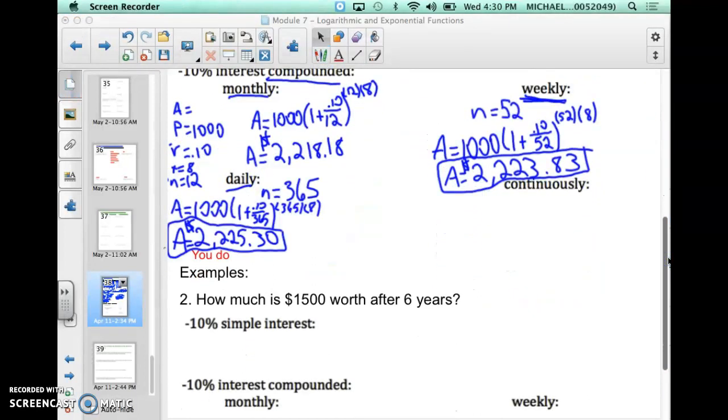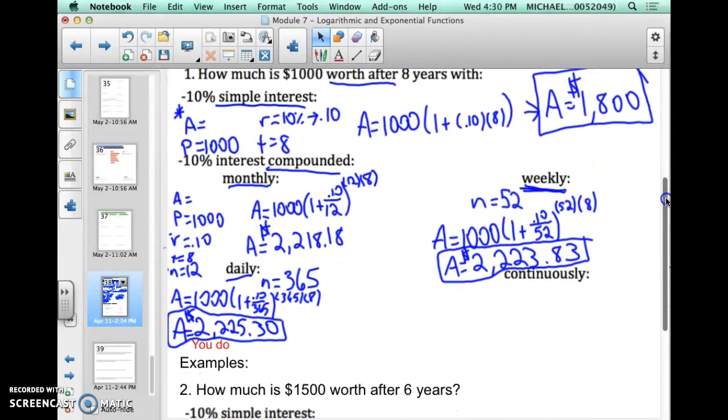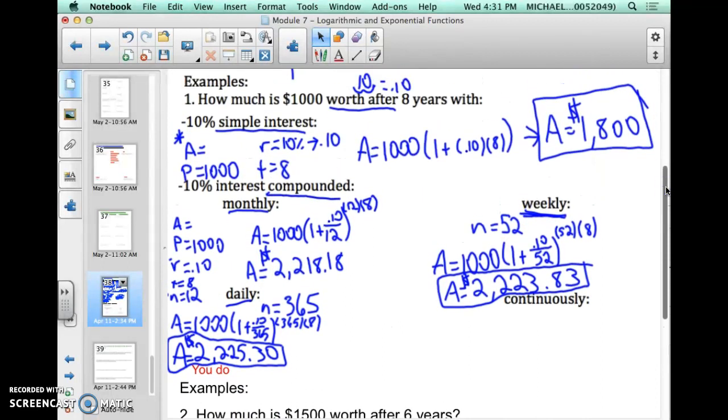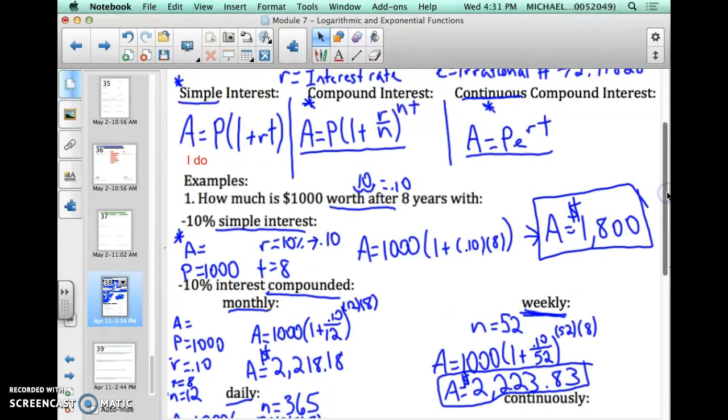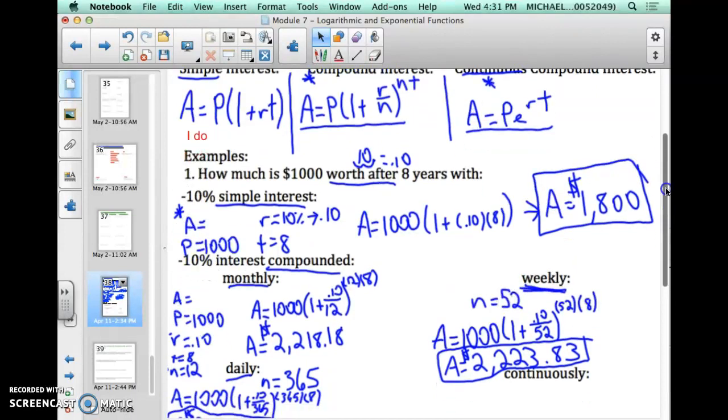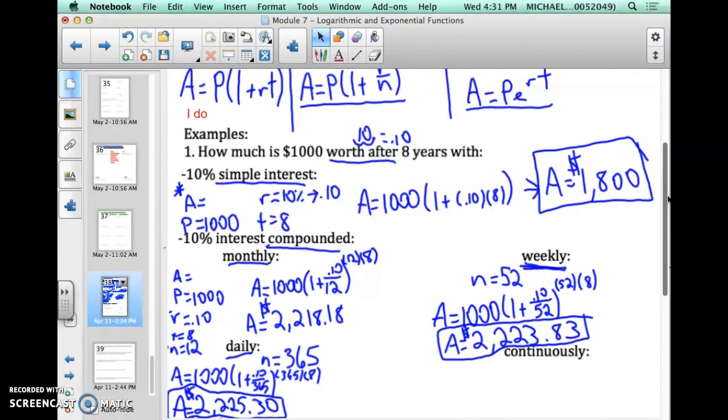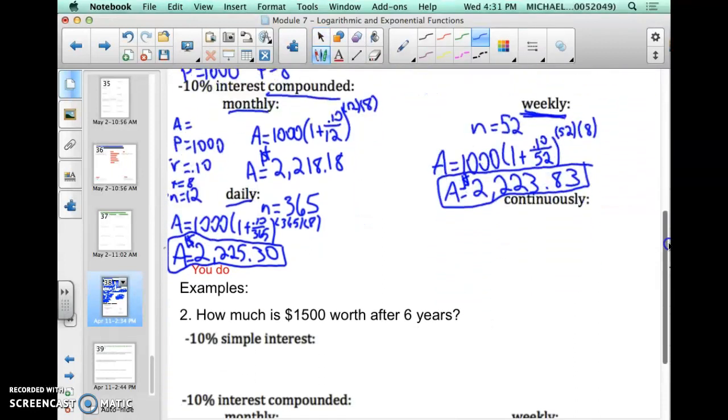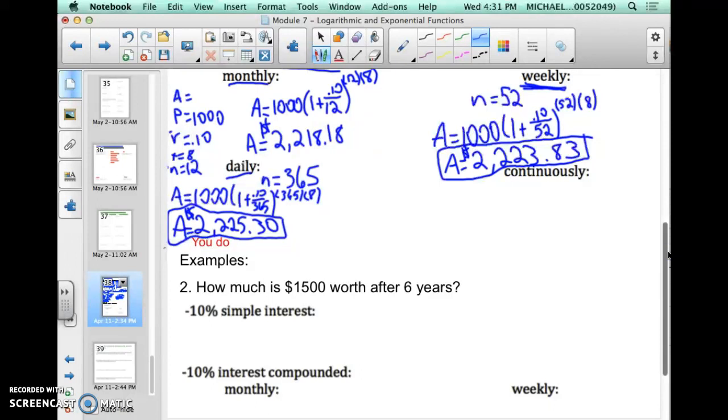And to finish off my example, I'm going to work through the continuously example. The keyword continuously, I'm going to use A equals P e to the RT. And if you notice, I already have my A, my P, my R and my T. So I don't need to identify any new variable. There's no n in this formula. So I'm going to write A equals 1,000 times e raised to the interest rate of 0.10 times my T of 8.